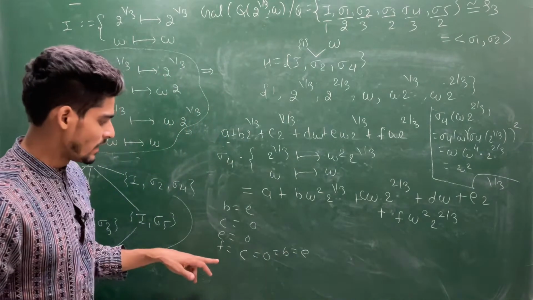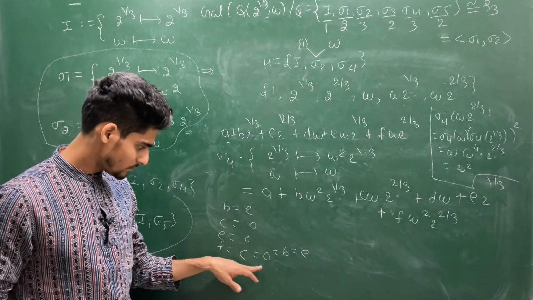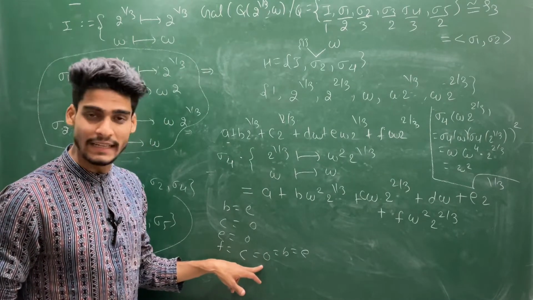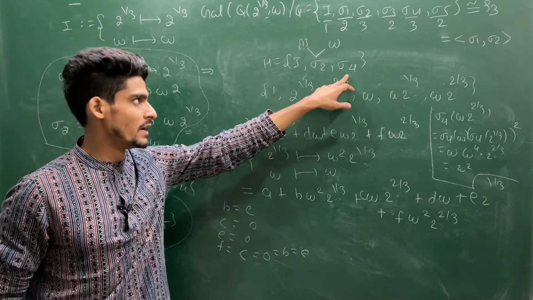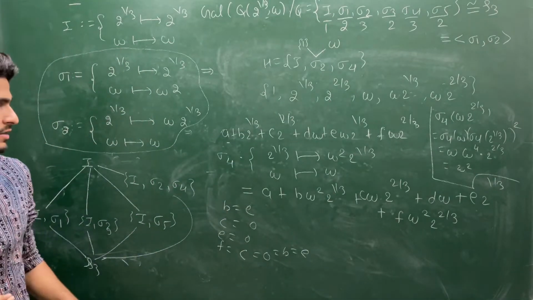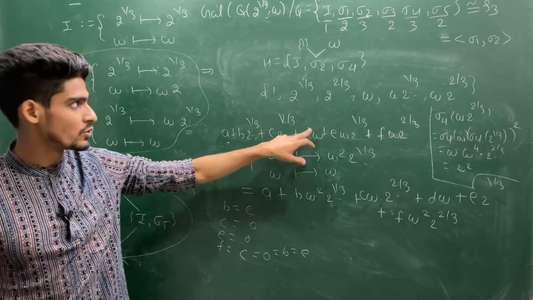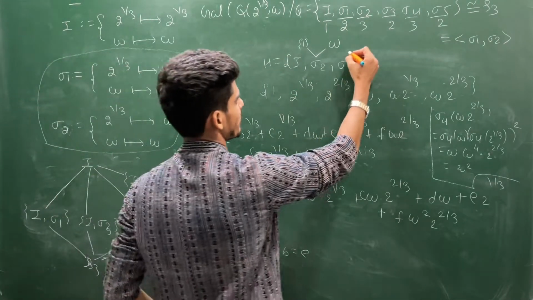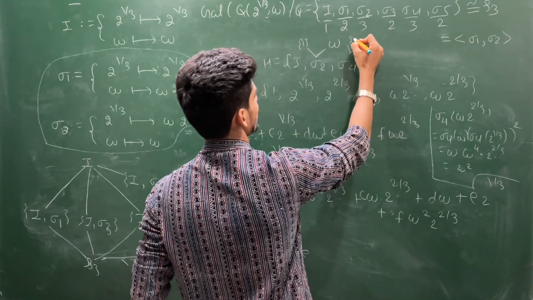So you will be having only a and d there. So sigma to the power 4 will also fix a and d. So this will fix only 1 and omega. So this is fixing omega and 1.